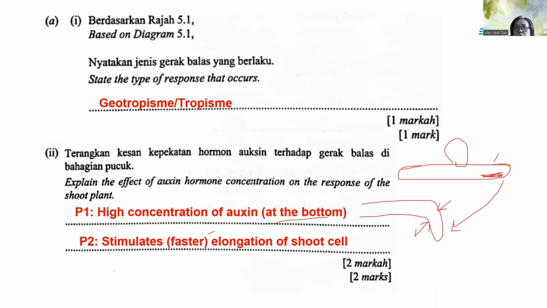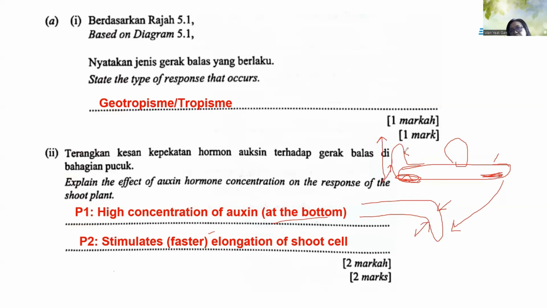On the other hand, if you look at the shoot, the shoot bends upward when you put the seedling horizontal. So this auxin that accumulates at the lower part here will stimulate the elongation of the shoot. So the shoot will go upward faster over this side compared to this side here.